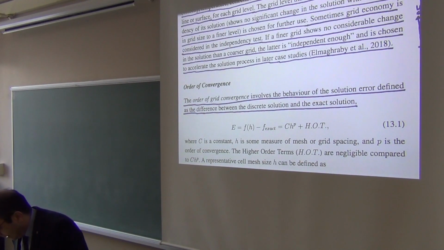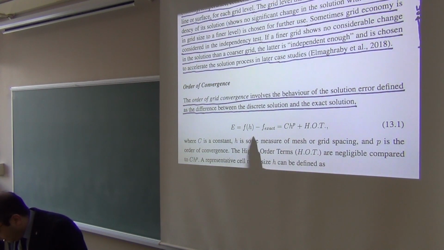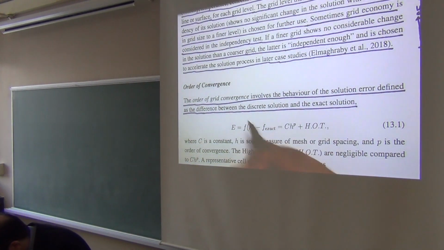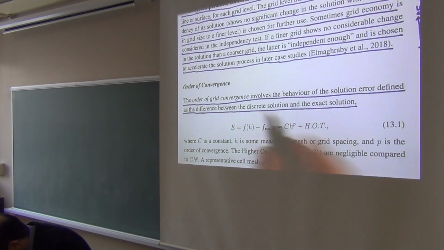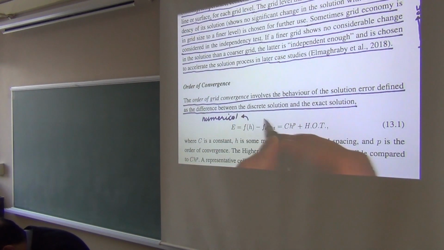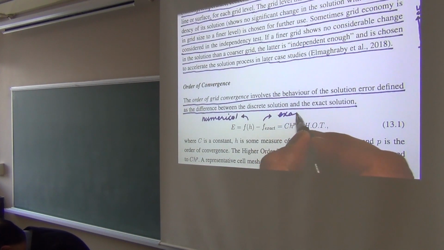The first thing you calculate is this difference, the error, which is the difference between the numerical answer and the exact answer. So if you like, this is the numerical answer. This is exact.